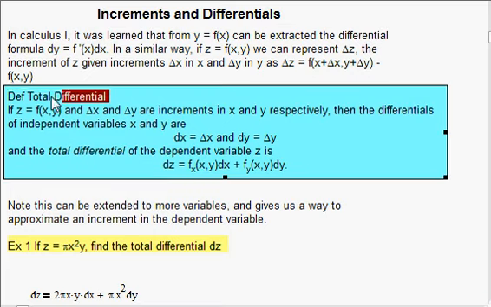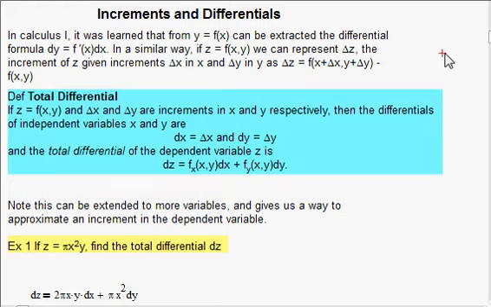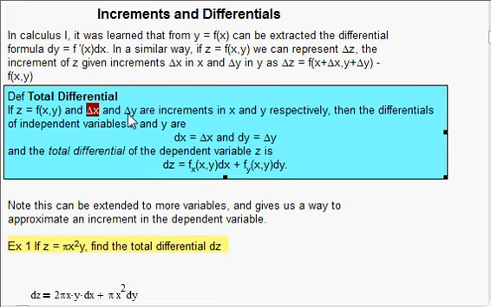So first, the definition of what's called the total differential, which is a computational device we'll use in the next example. So if z is a function of two variables and delta x, delta y are increments in those variables respectively, then the differentials of independent variables x and y are dx equals delta x and dy equals delta y. That's easy enough.